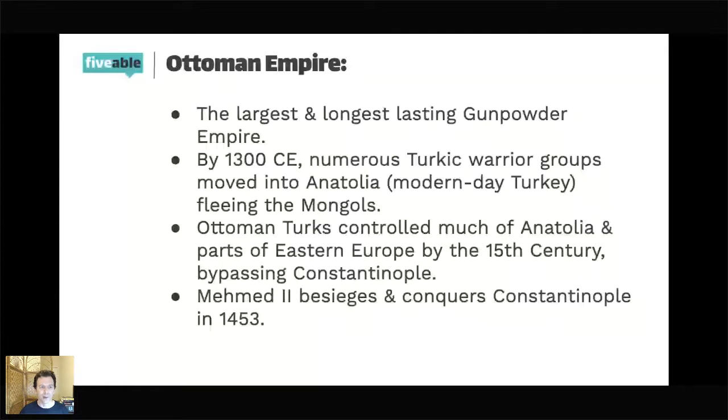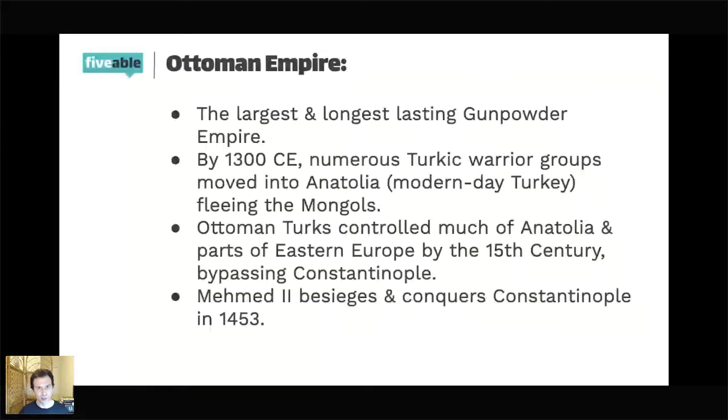The Ottoman Turks, once the Mongols come apart and start to break up, then by the time we get into the 1400s, they're going to be controlling much of Anatolia, modern-day Turkey, parts of Eastern Europe, and they're going to bypass Constantinople.